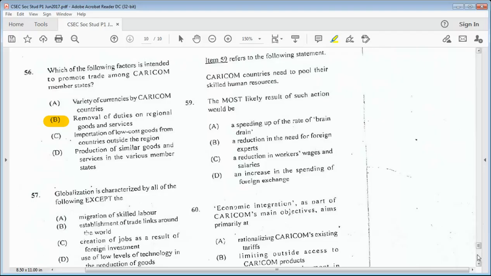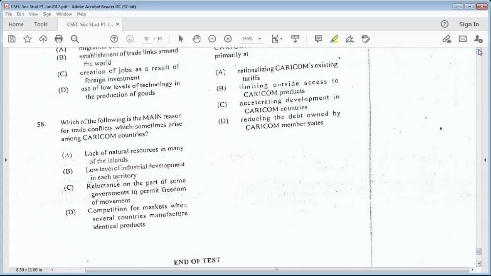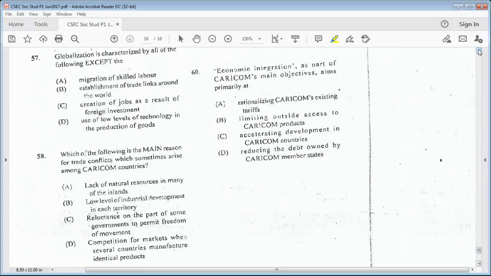Let's go on to 57. Here it says, globalization is characterized by all of the following except: A, migration of skilled labor. B, establishment of trade links around the world. C, creation of jobs as a result of foreign investment. Or D, use of low levels of technology in the production of goods. So we know that three are and one is the exception.